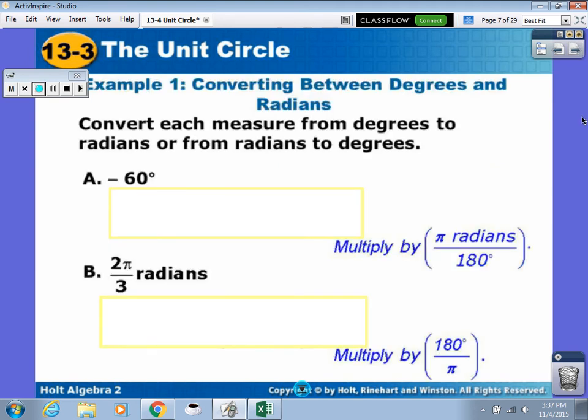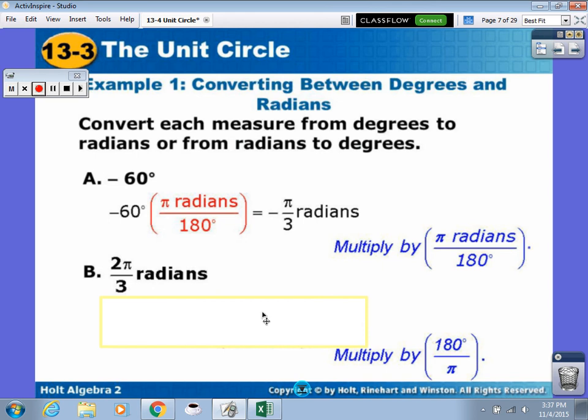So if we're going to convert each measure here from degrees to radians or radians to degrees, and we've got one of each, we're going to start with negative 60 degrees. Our information tells us to multiply by pi radians over 180, which would look like this.